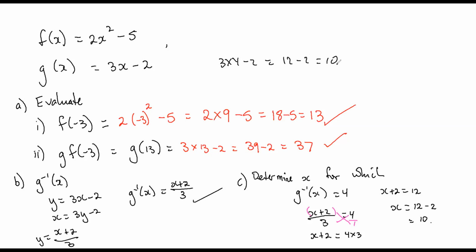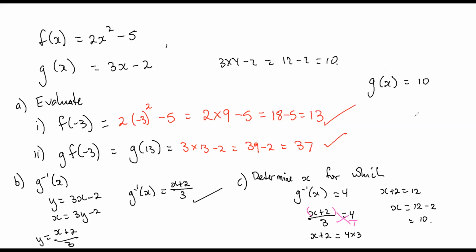Wait, what? I don't follow. Okay, if I had said this statement, determine x for which g of x is 10. This means this x is what I'm putting into it to get out my answer, right? So then here, this is where I would find the inverse and then just solve it.